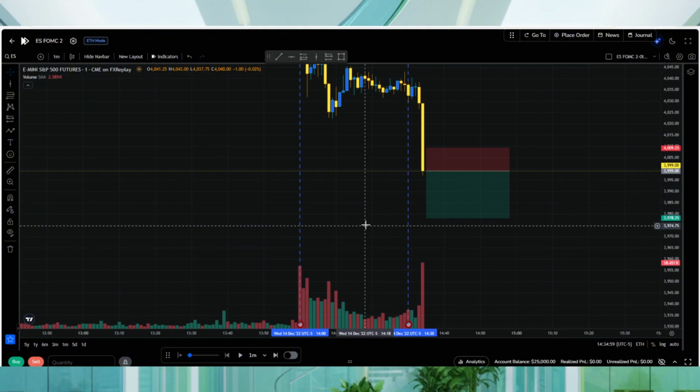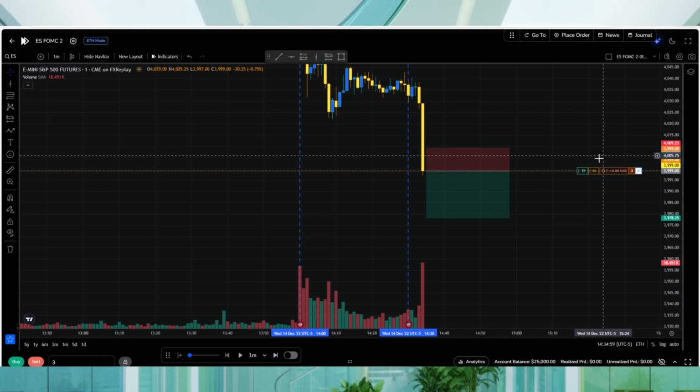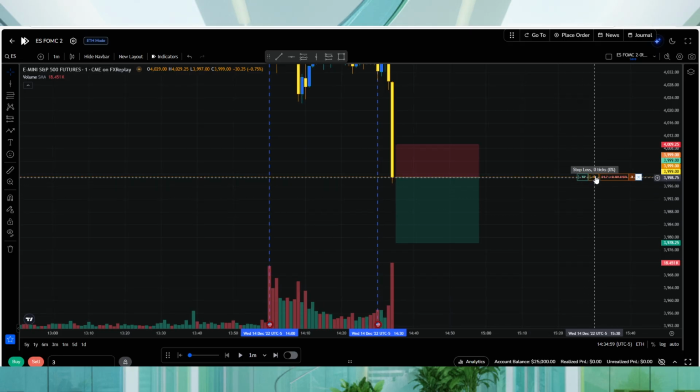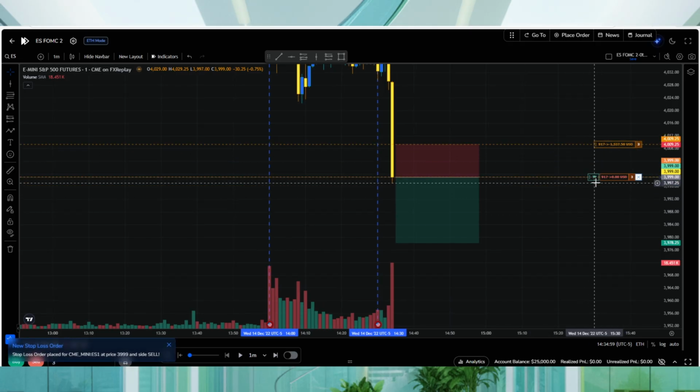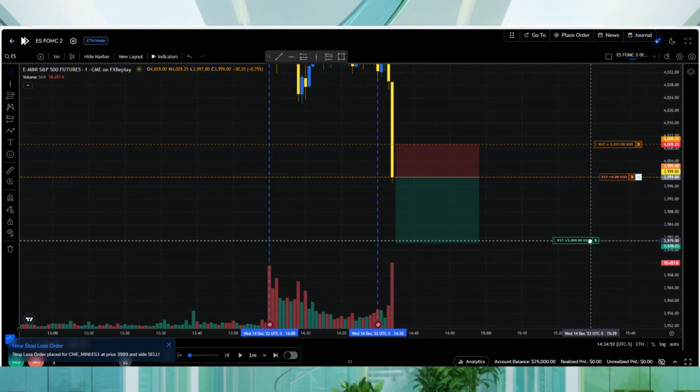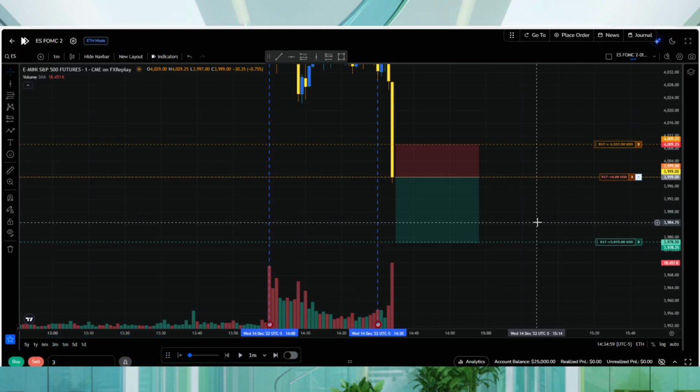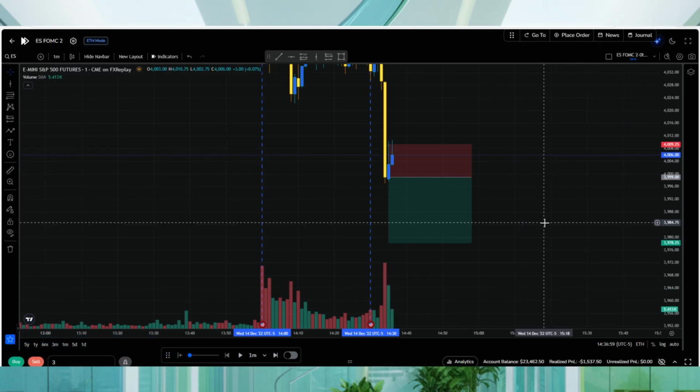And looking to play this. And this is a strategy that I use personally on my own trading accounts. And let's see where this goes.